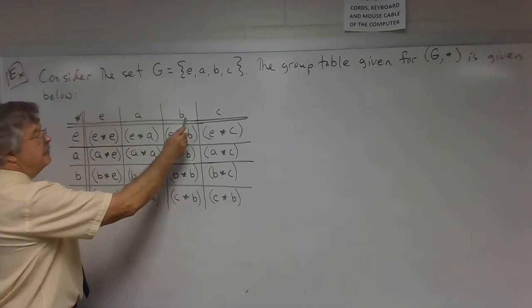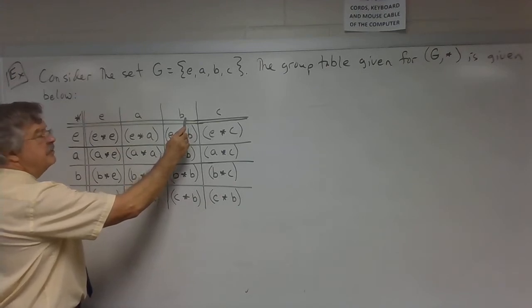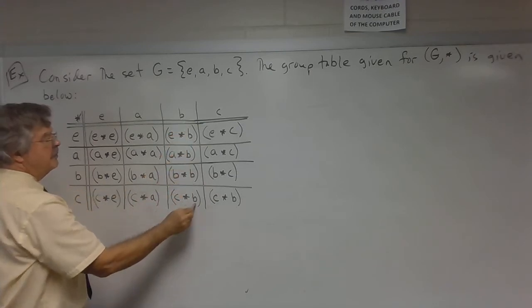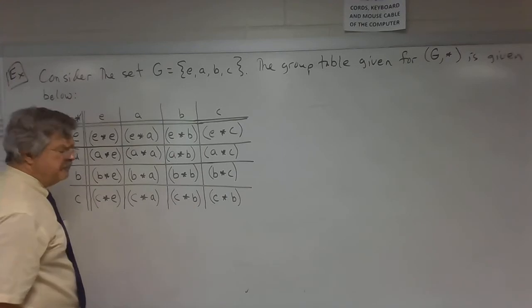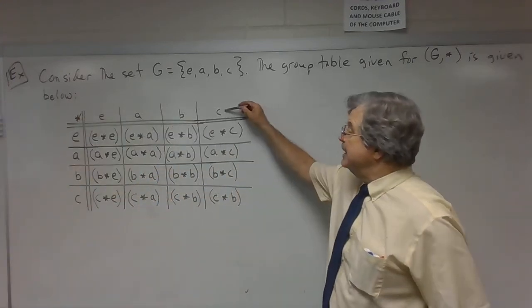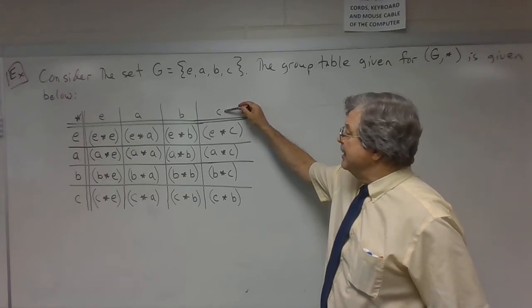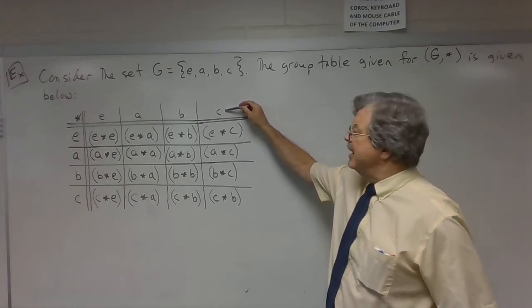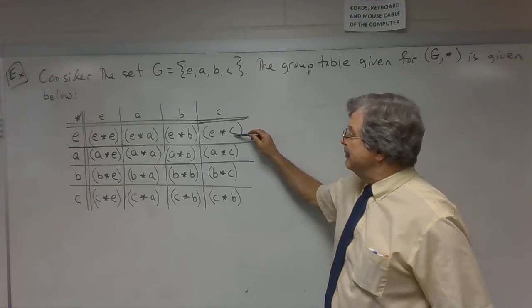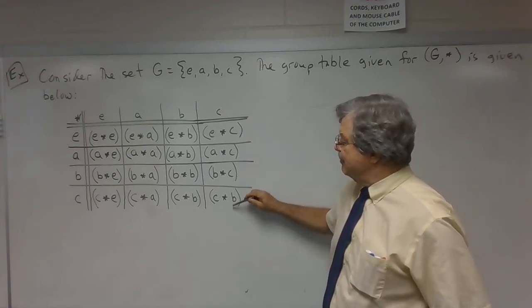B heads the third column, and the second element in every ordered pair in this column is B. And then finally, C heads the last column, and the fact that C heads this column indicates that C is the second element of the ordered pair.